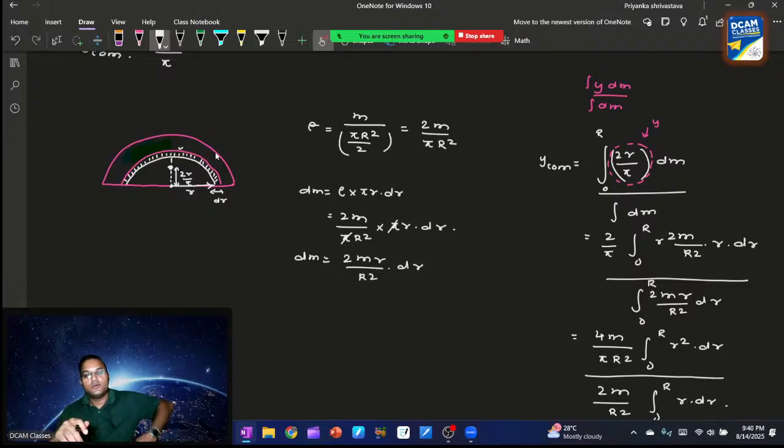Now I am trying to find the center of mass of the whole disk, taking the y center of mass of each body and its position. So that's why I'm taking its center of mass, its position, y into dm by integral dm, because I'm taking dm as this ring. I have to take that point where the whole mass of this ring is situated. That's why I've taken y as 2r by pi.